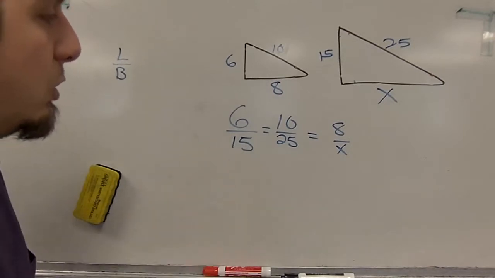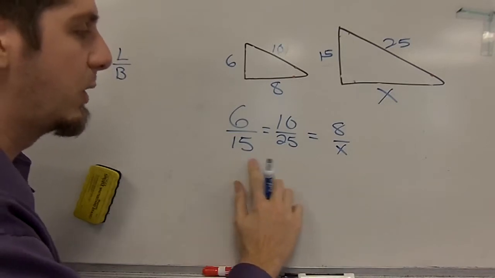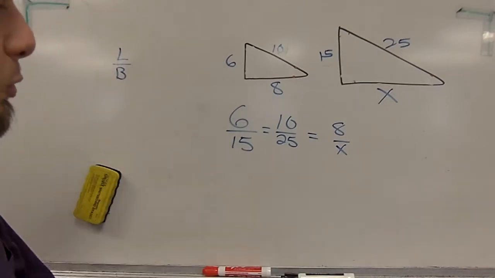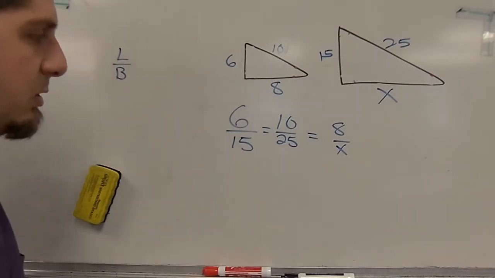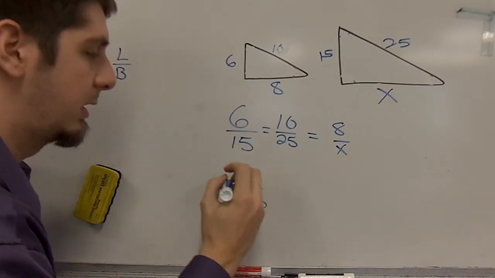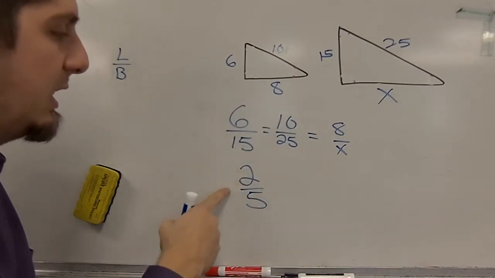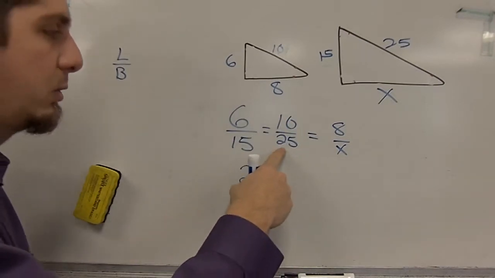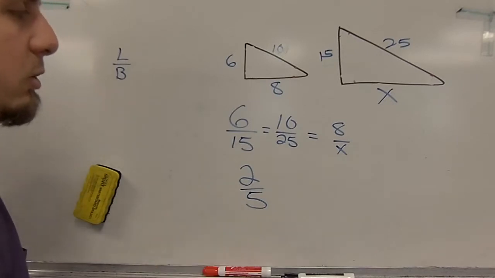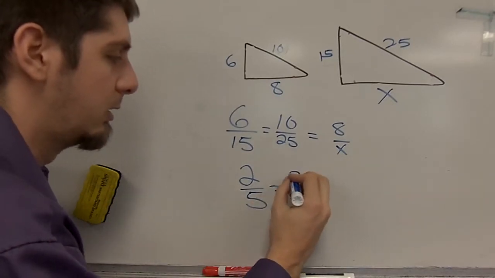If these ratios are not already fully reduced, you can reduce one of them. So I could reduce my 6/15 to 2/5. Remember, if we reduce it, that means 6/15 is equal to 2/5, and 10/25 is equal to 2/5, which means 8/x is also equal to it.